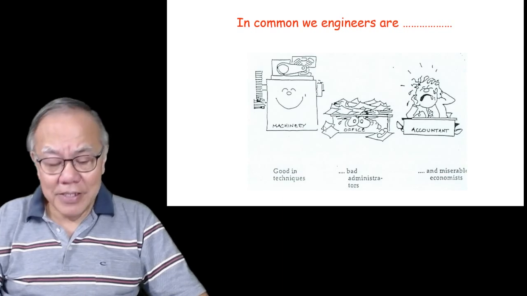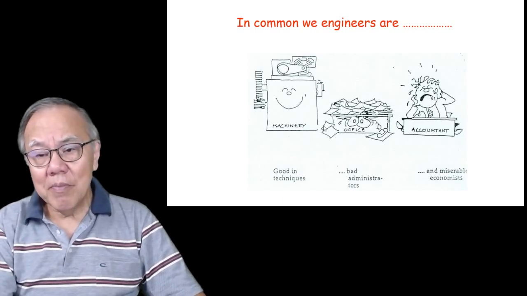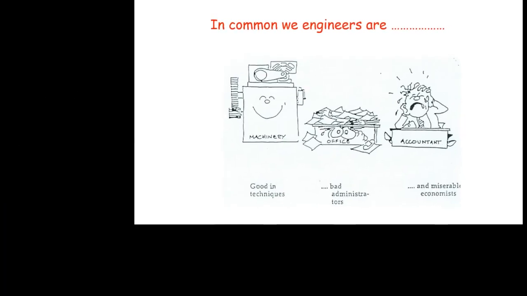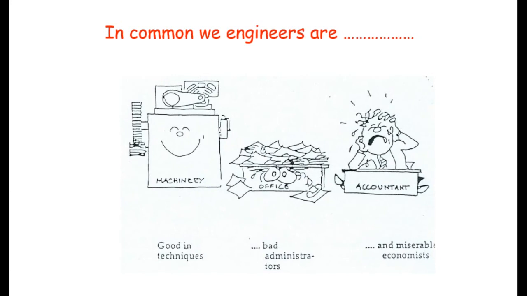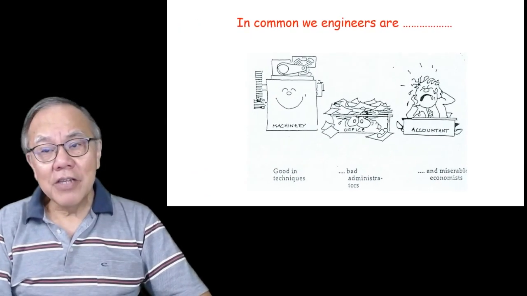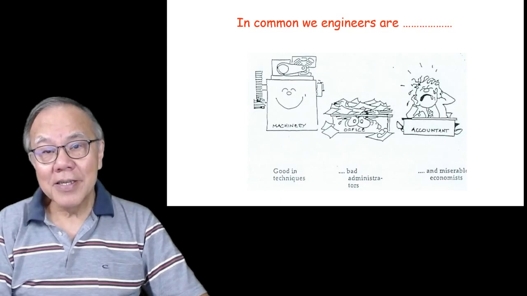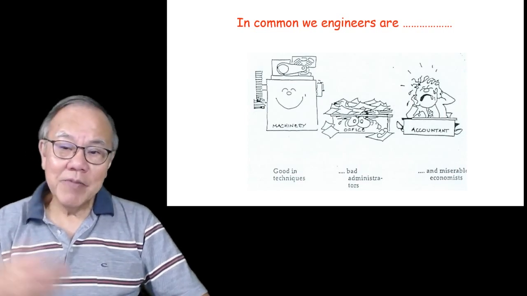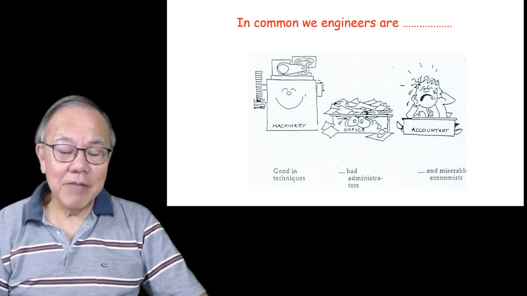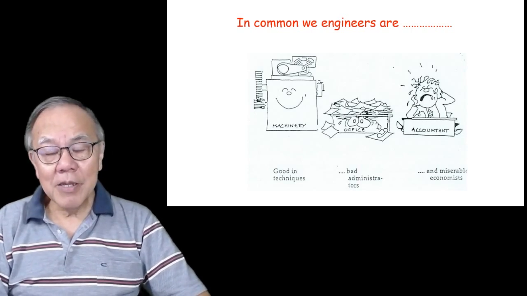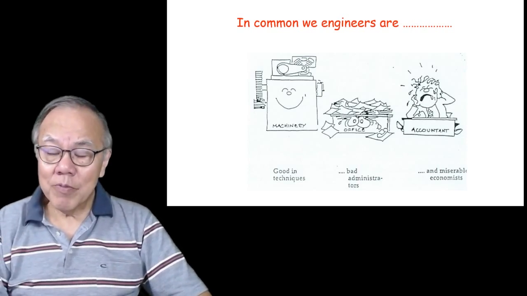You see, in general, engineers are very good technicians. You've got a problem, we fix it up. But unfortunately, a lot of engineers are very bad administrators. So you ask them for a report, they cannot give you. You ask them for figures, they cannot give you. Ask them when the thing broke down, they cannot tell you properly.